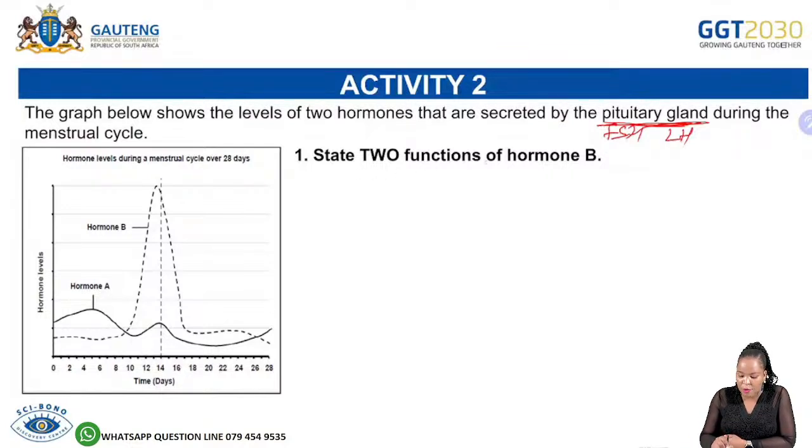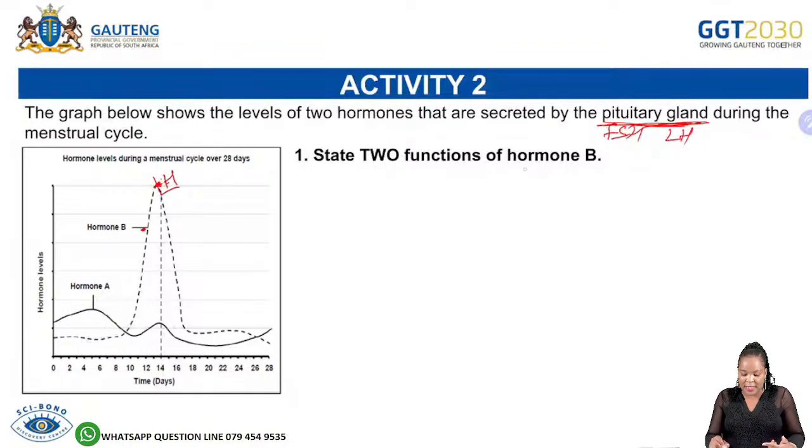Now, state 2 functions of hormone B. We go to the graph now, we check. This is hormone B. And because this hormone is secreted in large quantities on day 14, then you know definitely this hormone needs to be LH. Because we said on day 14, LH is released.